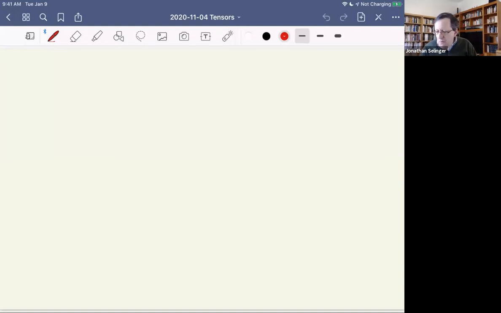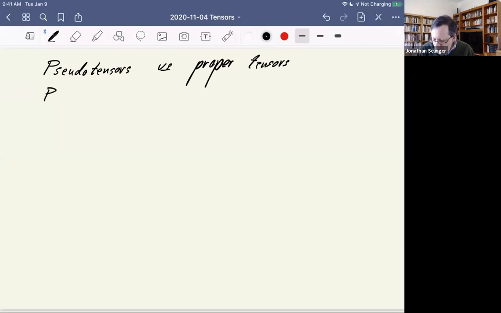So when we were talking about math on Monday, we talked about pseudo tensors versus proper tensors. And the same things go for pseudo vectors versus proper vectors, and pseudo scalars versus proper scalars.